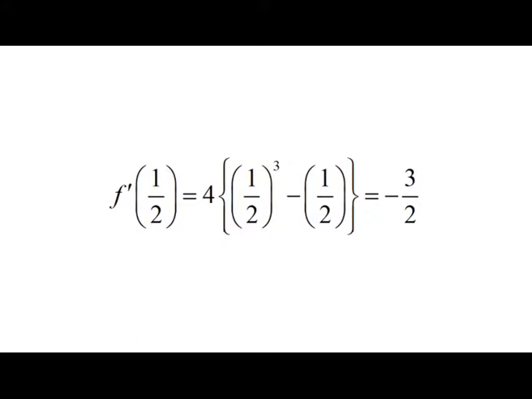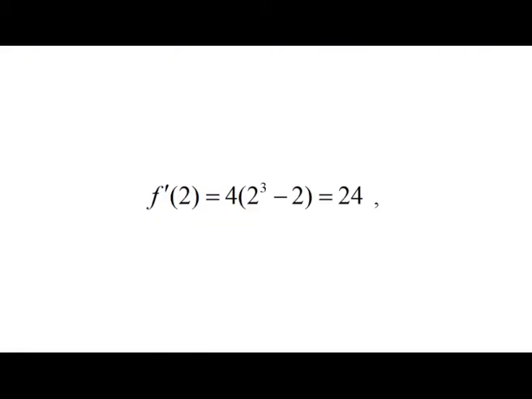So, f(x) is strictly decreasing in 0 to 1. Finally, taking the point 2 in the open interval 1 to infinity, we see that f'(2) is equal to 4 times (2^3 minus 2), which is 24, a positive number. So, f(x) is strictly increasing in the interval 1 to infinity.